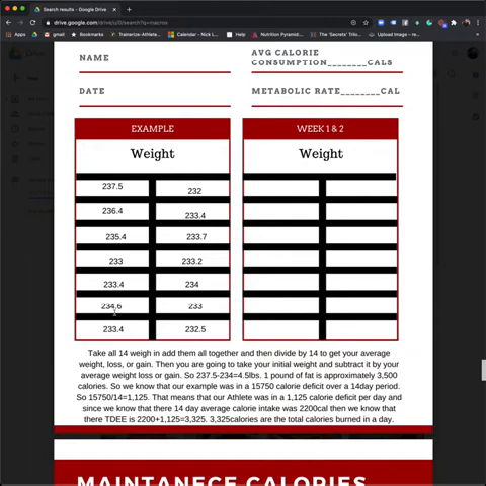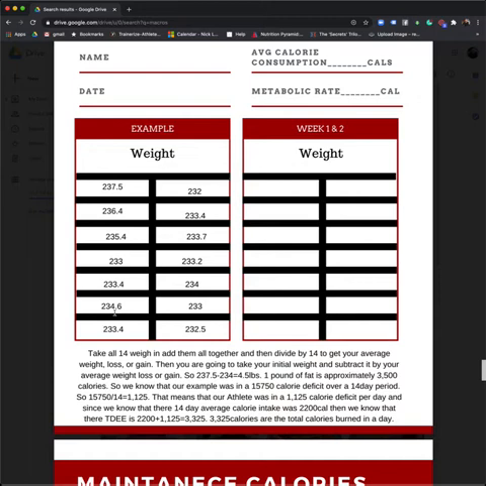Now, what we're going to do to find either your average weight gain or loss, and in this example, weight loss, is take your initial weight and subtract your average weight. So, in this example, the starting point was 237.5.